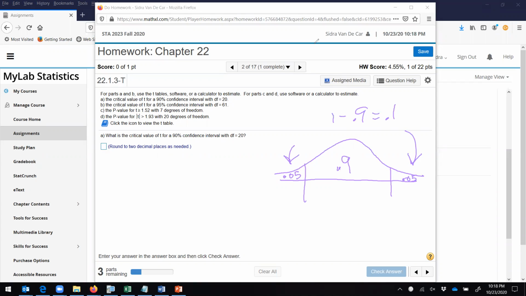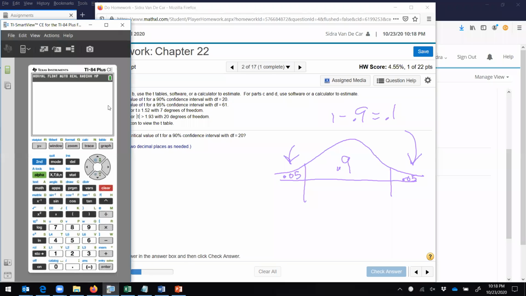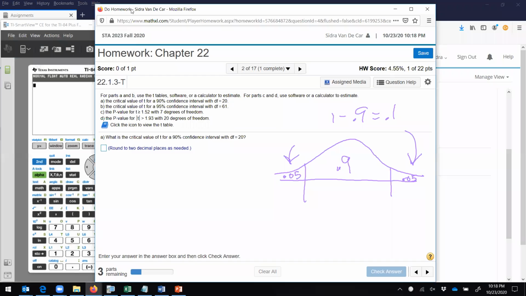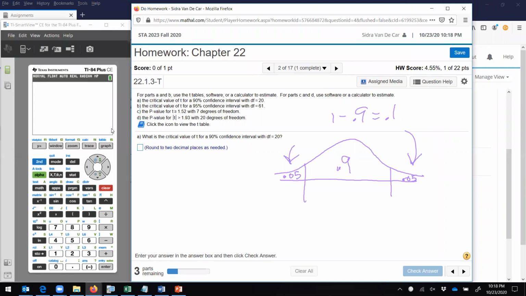Okay, so I'm going to pull out my calculator. I want to find the critical value for a 90% confidence interval. So we're going to go second distribution. My inverse t is option 4. The area is 0.05, and my degrees of freedom, it says right here, are 20.